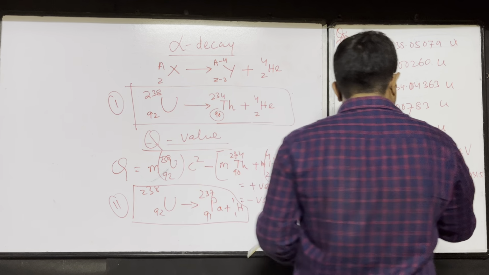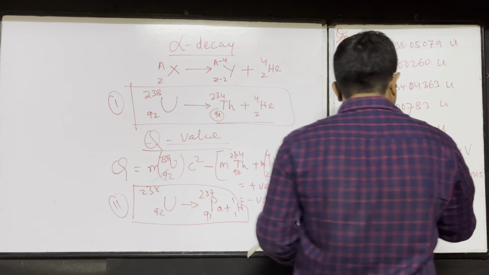So 234 plus 4 is 238, and 0.04363, so it will come 0.45623 like that if you add this. So 238, this is 0.5, but you will get 0.4. So just in the second digit you will get some number like 0.00, then you will multiply with 931, you will get this number 4.25.